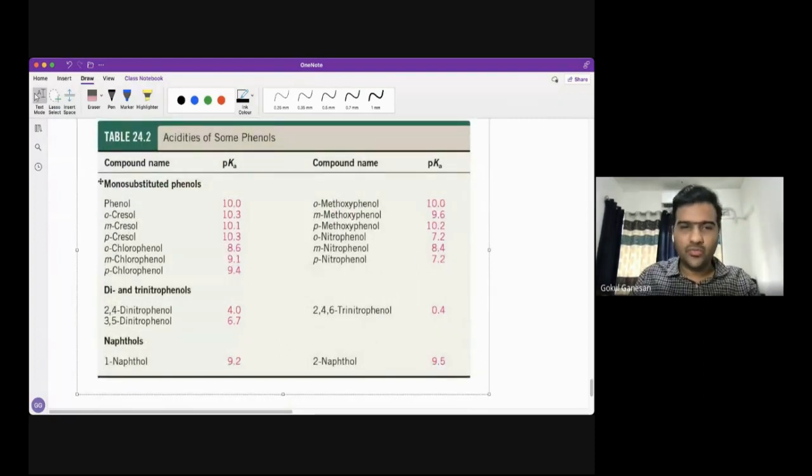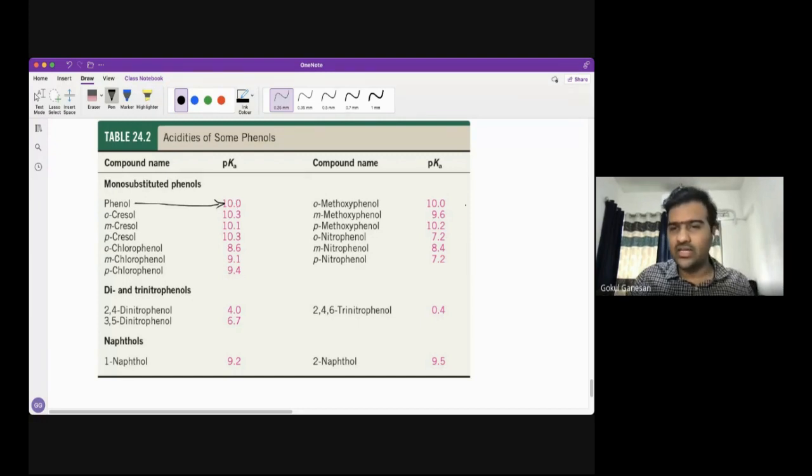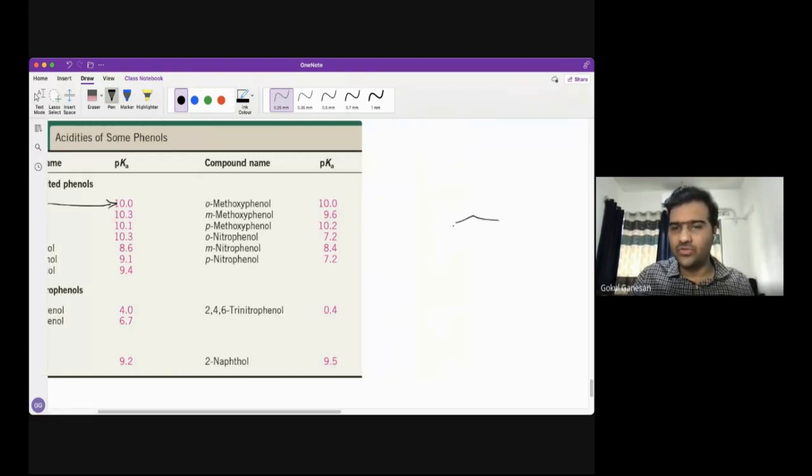Okay, let's focus on mono-substituted phenols first. You see that phenol exhibits a pKa value of 10, but orthocresol, metacresol, and paracresol exhibit marginally increased values of pKa as compared to phenol. What are cresols? Cresols are nothing but compounds that have a methyl group in addition to the OH.